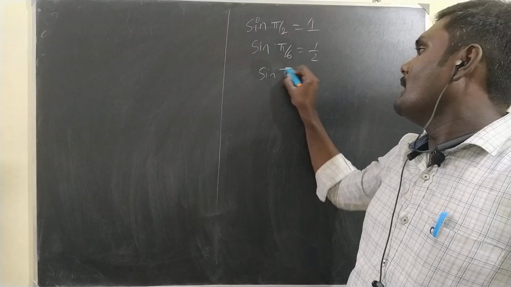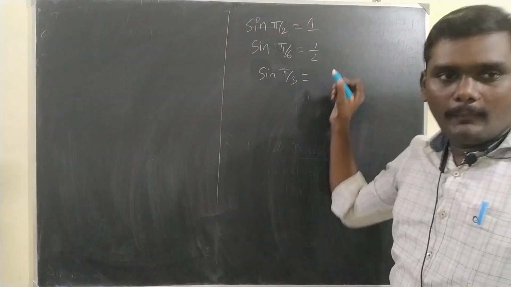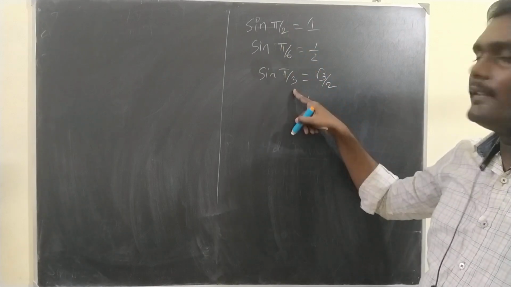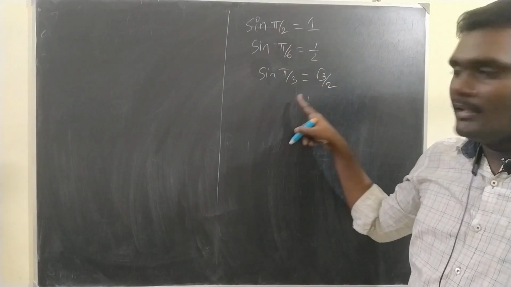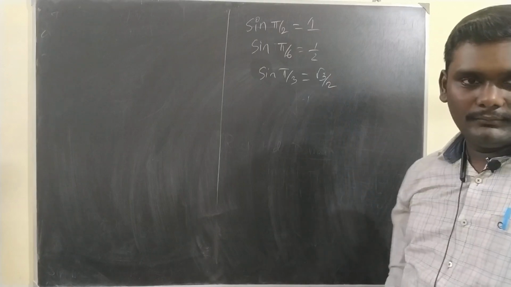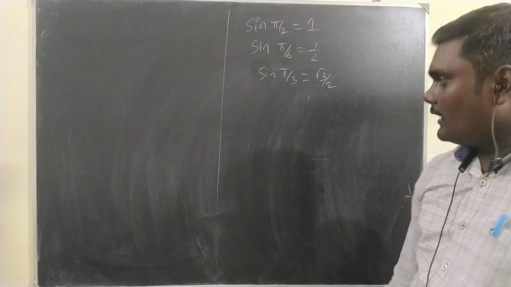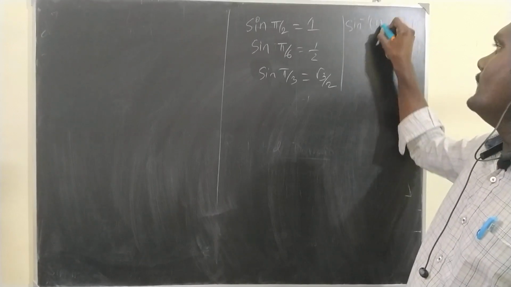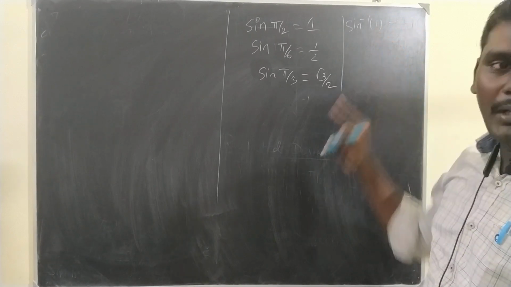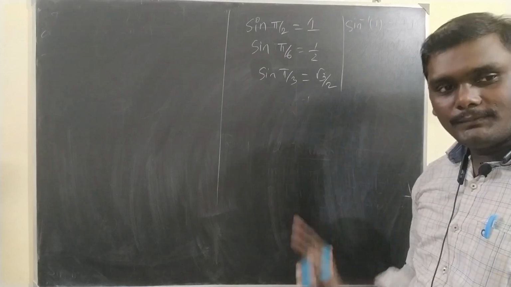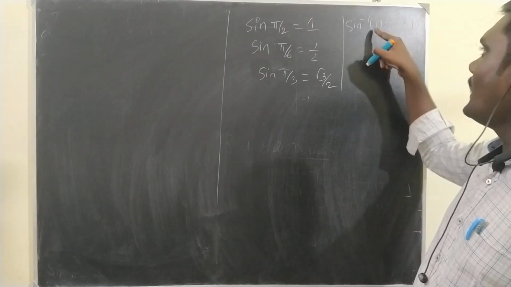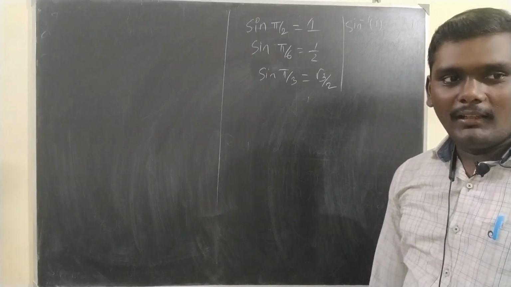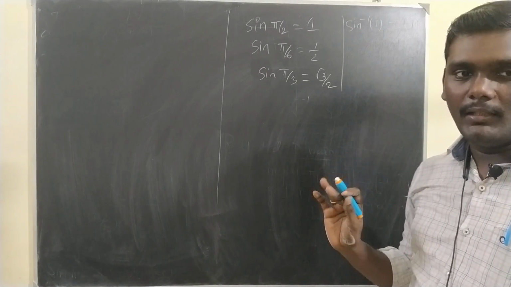Sin pi by 3 equals root 3 by 2. So here the substituted value is theta, an angle, and the answer we got is a number. On the other hand, sin inverse of 1, the substituted value is a number, so the answer is theta, an angle. What angle will get the value of 1? It's pi by 2. That is the simple difference between these.